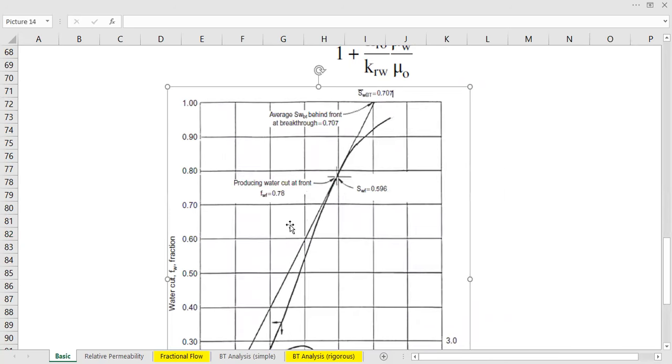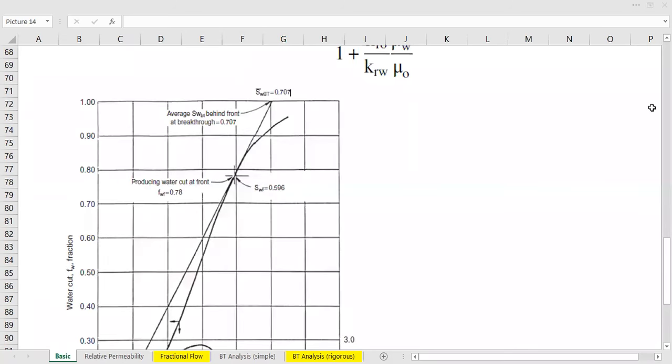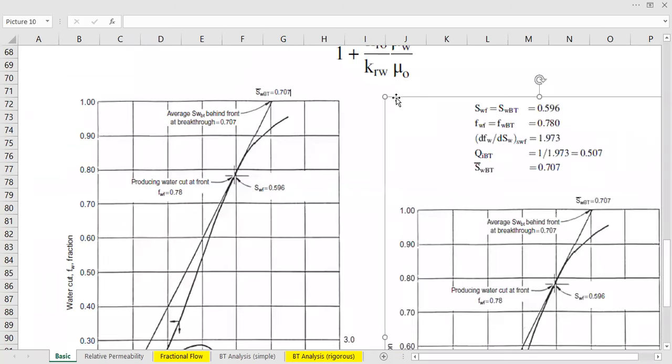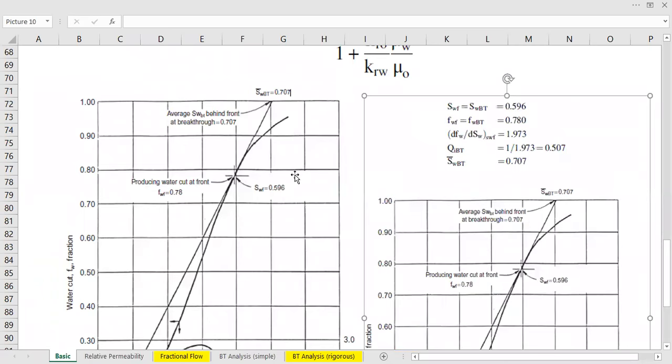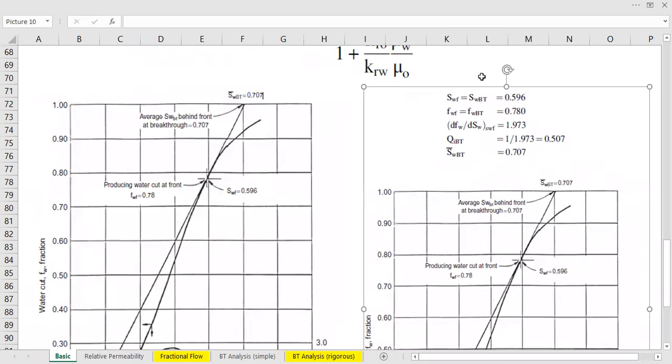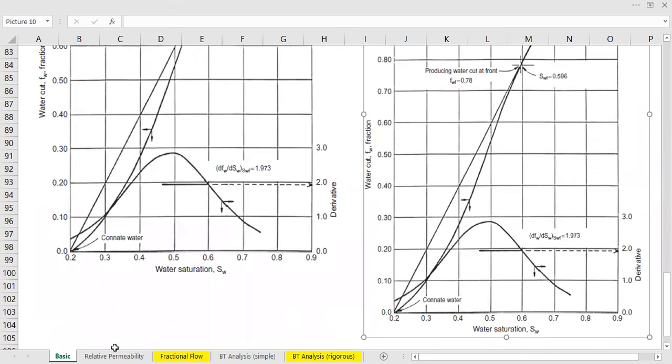I can also show you from Tarek Ahmed's book. According to Tarek Ahmed, SWF is the same as SWBT, and fractional flow at front is the same as fractional flow at breakthrough. But they are different from the average water saturation behind the front at breakthrough.